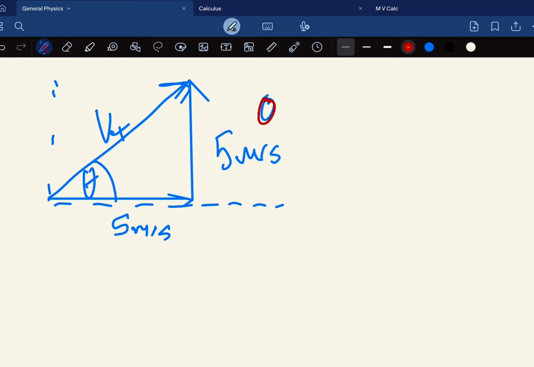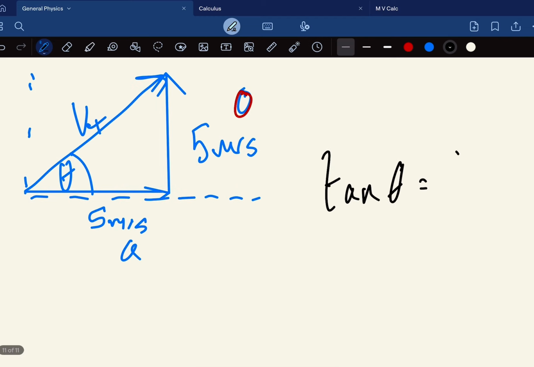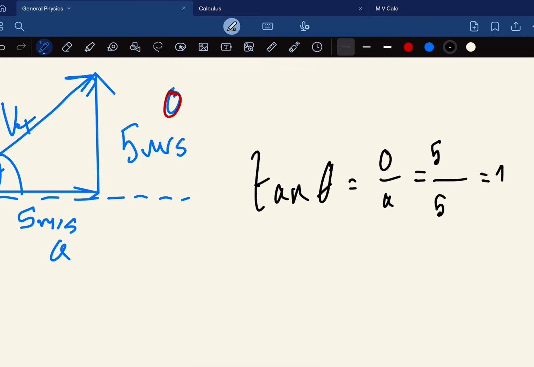And let's label this side as adjacent. And we know that tangent of theta is equal to opposite over adjacent, which is equal to 5 meters per second over 5 meters per second. The units cancel, so this is just equal to 5 over 5, which is equal to 1.